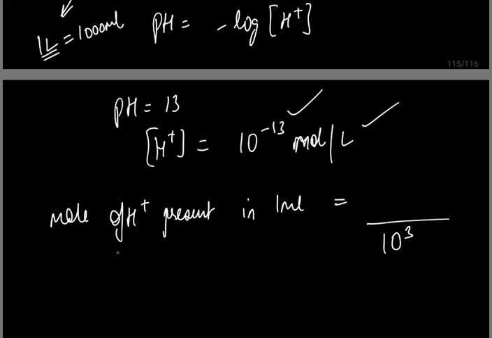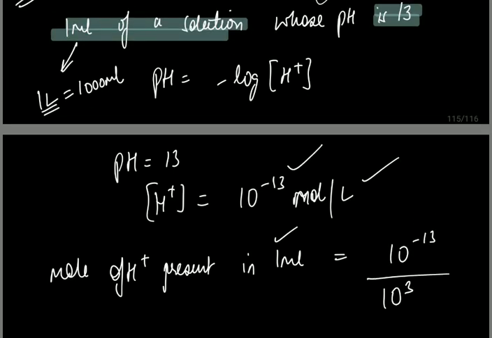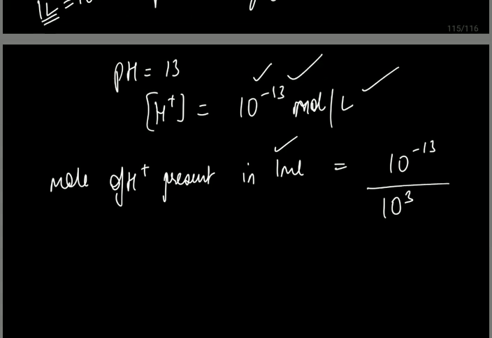So moles of H positive ions present in 1 ml: how many moles will be present in 1000 ml according to the liter? This is 10 to the power minus 13 for 1 liter, which is 1000 ml.